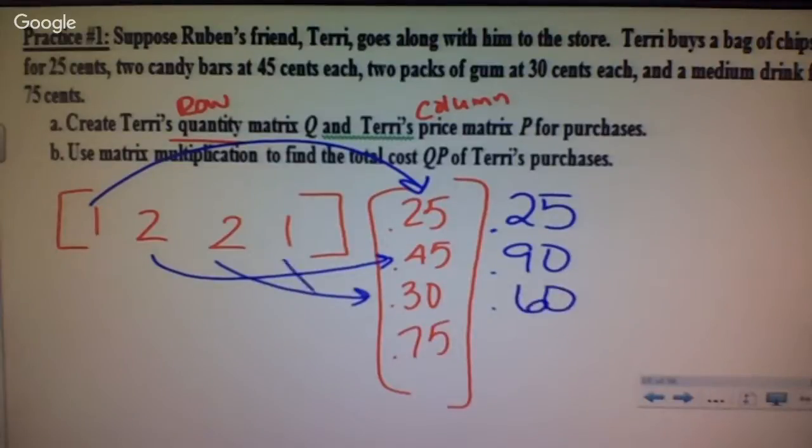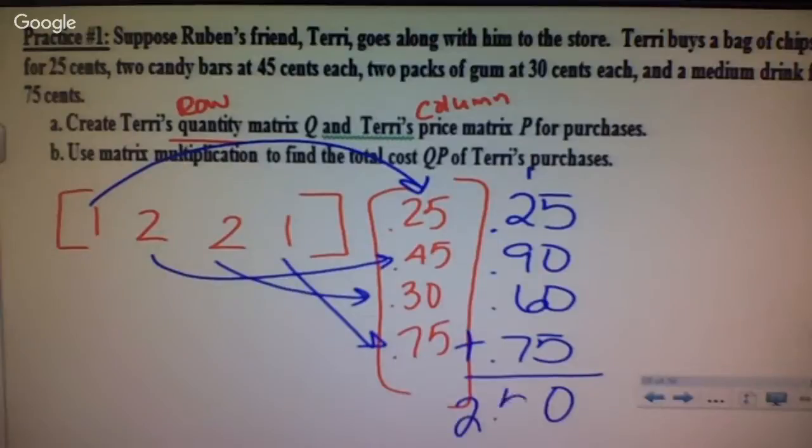And we multiply 1 times 75 cents. Add them all up, and that gives me a grand total. So 5 and 5 gives you 0. Carry the 1. 10, 18. 2.5. I was close. So Terry only spent $2.50.